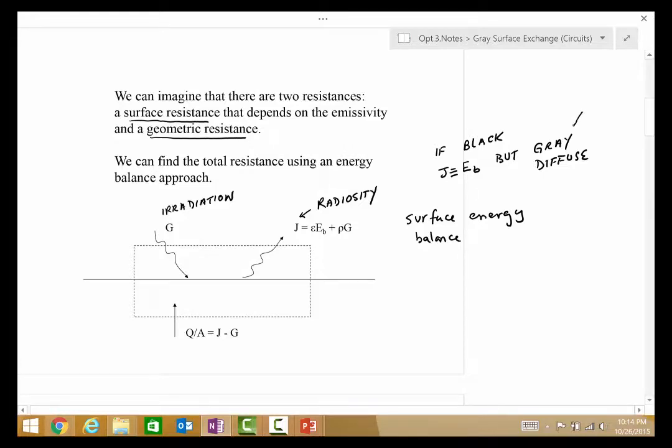So gray means no spectral effects. What that means is that epsilon is not a function of lambda and alpha is not a function of lambda. So diffuse is no directional dependence, and gray is no spectral dependence. What this means is that alpha is equal to epsilon. Total hemispherical absorptivity is equal to total hemispherical emissivity.